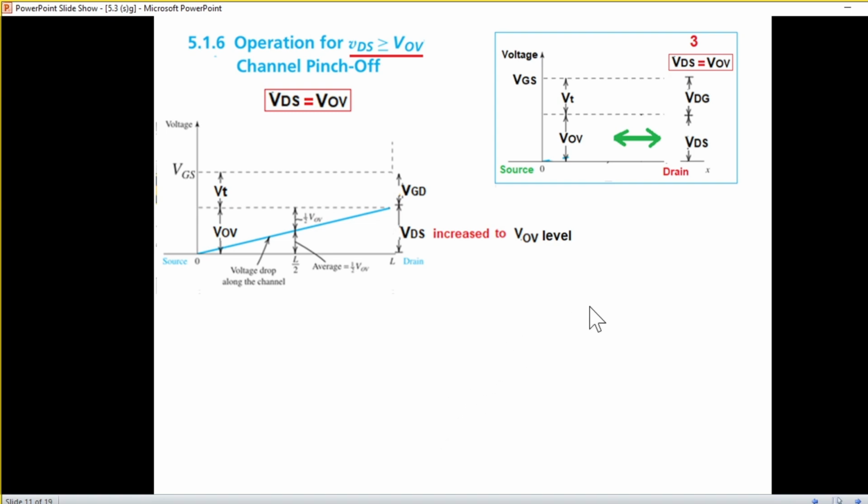And now we come to the last two conditions. Now it is saying that VDS is greater than or equal to VOV. We'll divide it into two parts. First of all, we consider VDS to be equal to VOV. So now see this diagram, VDS has now become equal to VOV, it has been increased.